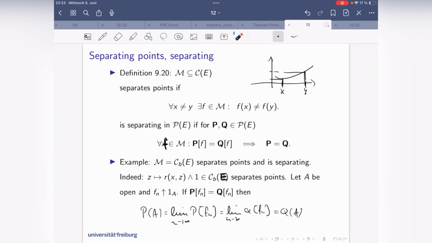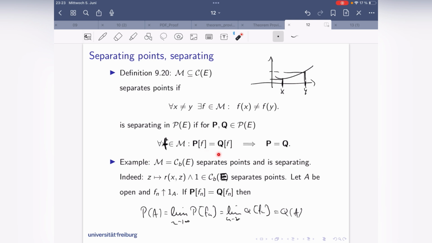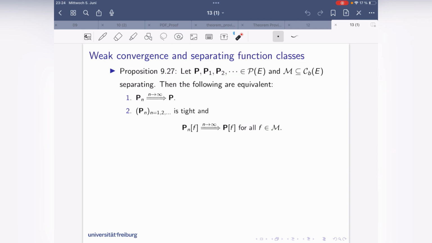M is separating if whenever P is not equal to Q, then there is some f such that P and Q have different integrals with respect to this f. So the following are equivalent.